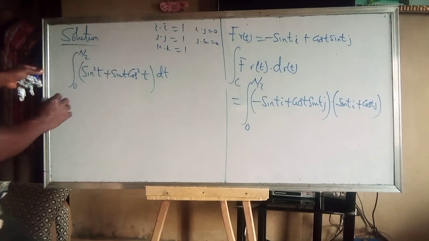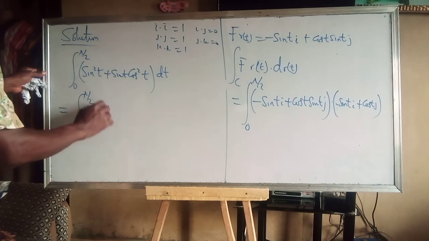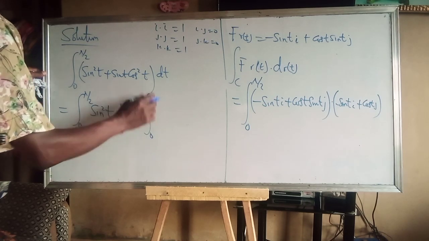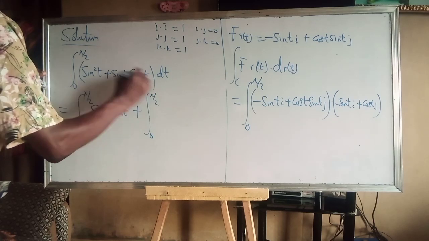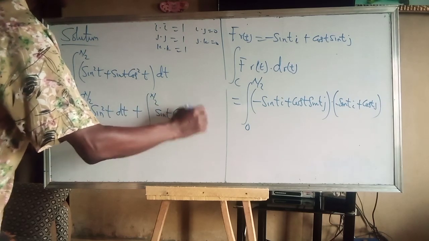To ease our work, we can break it as the integral running from 0 to pi over 2 of sine square t dt plus the integral running from 0 to pi over 2 of sine t cos square t dt.